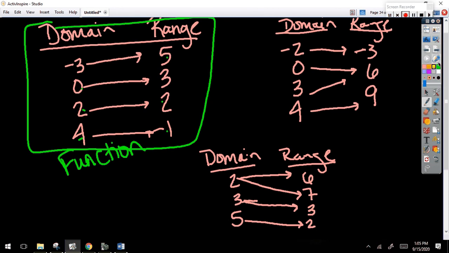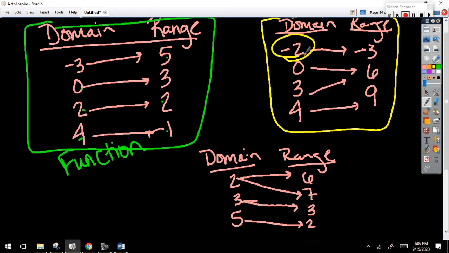Look at the next set. This one looks a little bit different, right? So let's think about it. Does every X only have one Y? How many Y's does that one have? One. It's negative 3, right? How many Y's does 0 have?